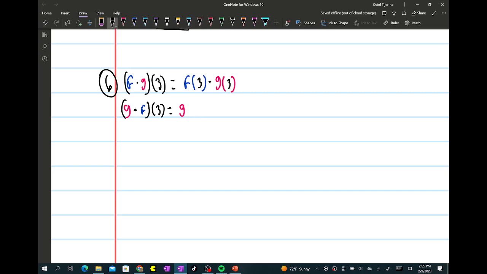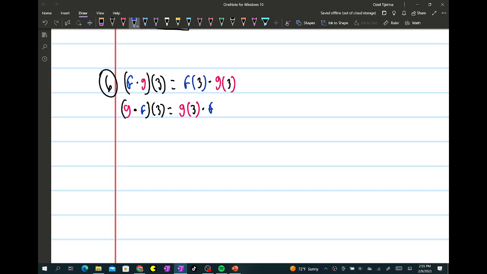So basically, what I'm trying to say here is they're both the same thing. f times g of 3 is equal to g times f of 3 because of the commutative property, right?